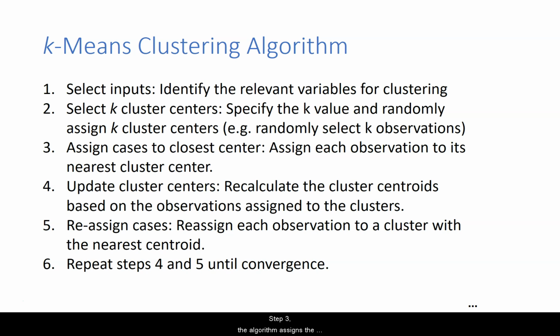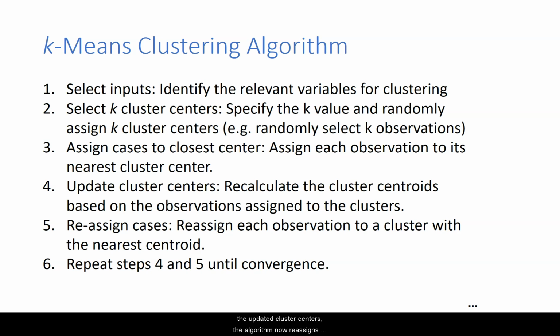Step 3. The algorithm assigns the cases to their closest cluster centers using Euclidean distances. Step 4. Once all cases have been assigned to their initial clusters, the algorithm updates the cluster centers by calculating the cluster centroids for the k clusters. Step 5.